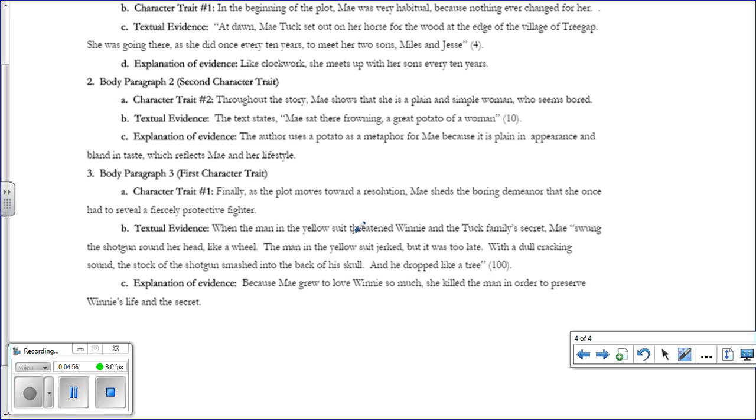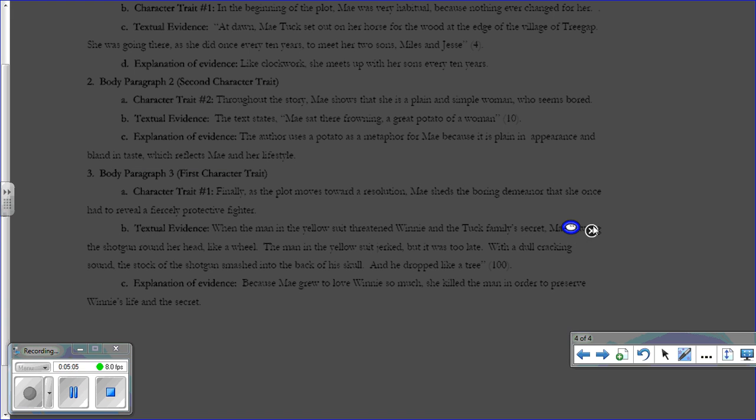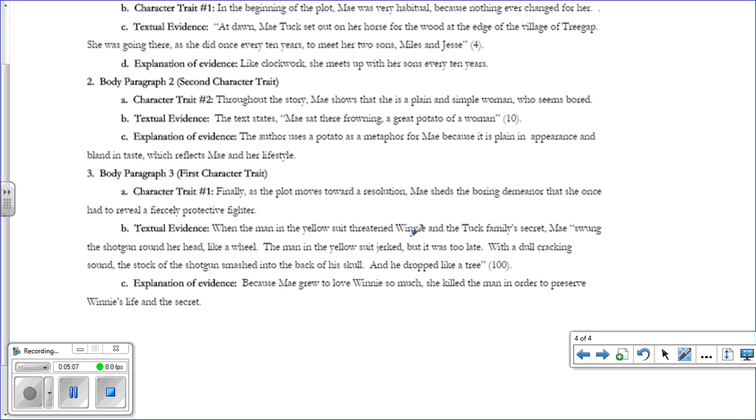When the man in the yellow suit threatened Winnie and the Tuck family secret, May, and then here I begin mid-quote, and that is okay because I only need this part of the sentence to prove that May was fiercely protective. "May swung the shotgun around her head like a wheel. The man in the yellow suit jerked, but it was too late. With a dull cracking sound, the stock of the shotgun smashed into the back of his skull, and he dropped like a tree." Then I explained the evidence by saying because May grew to love Winnie so much, she killed the man in order to preserve Winnie's life and the secret.